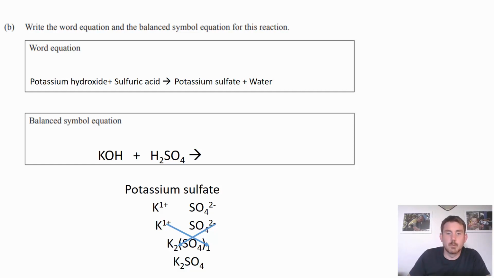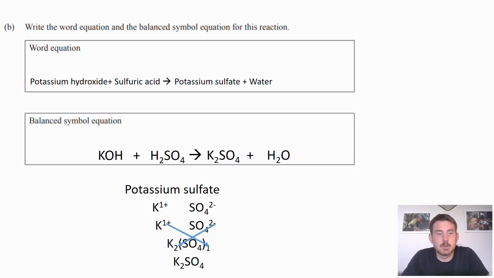Okay, so we can put the formula for potassium sulfate into our symbol equation along with water, which we're expected to know. Of course, you could work it out, but I think most of us would know that one. And then the last stage of this is to balance the symbol equation.